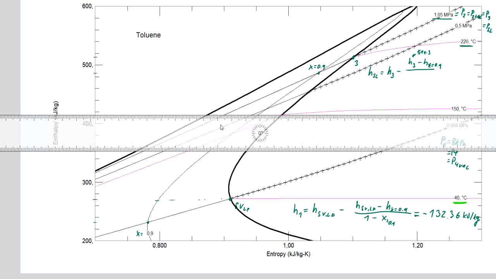So let's say something like 485, 487, and again divided by 1 minus x, where x is in this case 0.9. So based on the precision with which we got the values, we will get the enthalpy of saturated liquid, where the precise value is 244.1 kilojoules per kilogram.